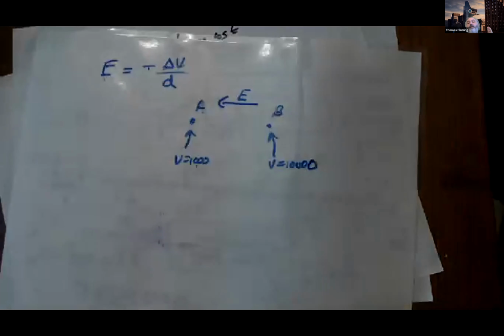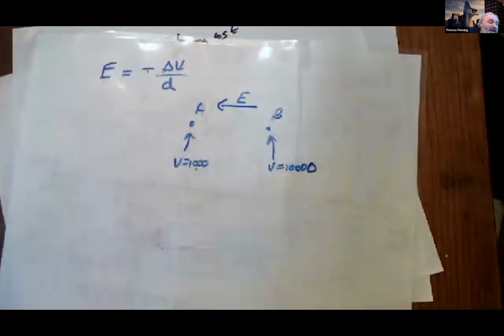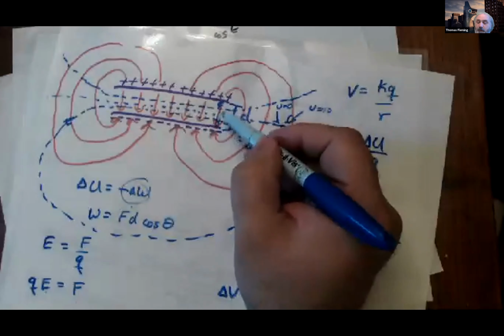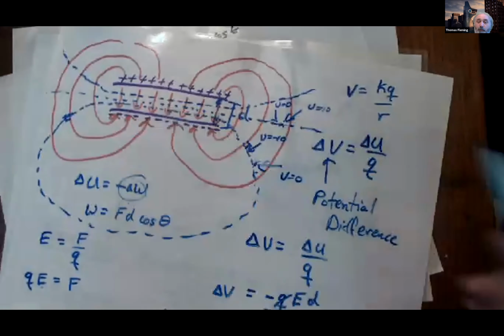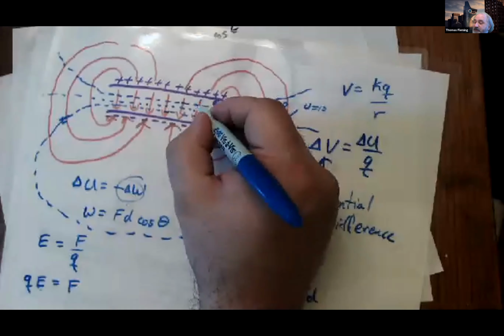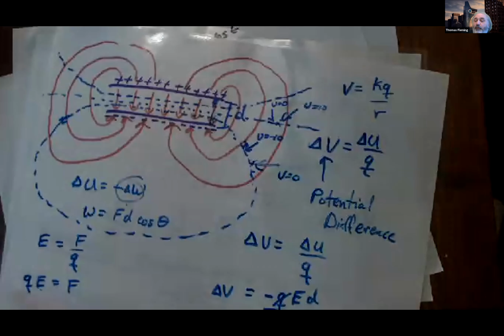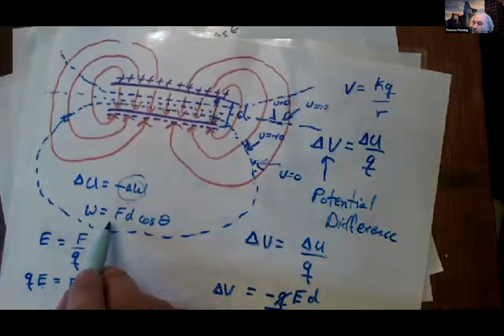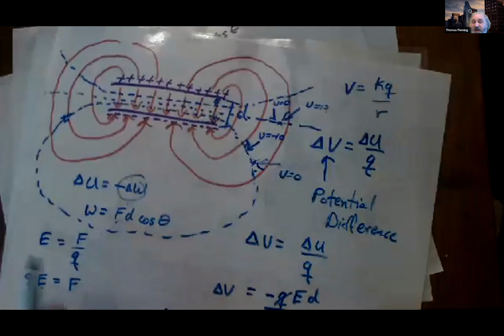Now, one little bit of caution. I will point out two things. One, we made the assumption in here that the electric field was uniform, that the field was the same the entire way. And the reason that mattered is because if the field was the same the entire way, the force was constant. It wasn't changing.